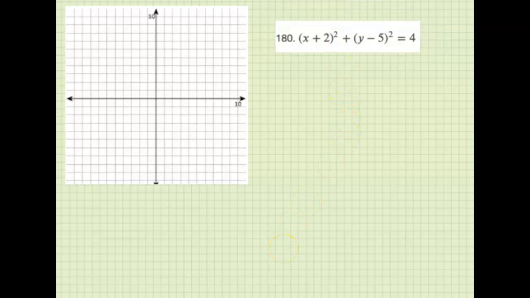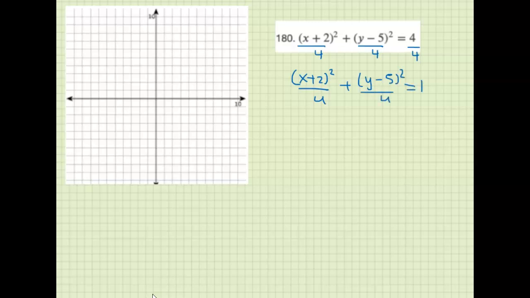All right, so 180. This is a circle. We have x squared, y squared. I typically graph this as an ellipse. I think it just makes more sense to me. So I'm going to divide everything by 4 to make that equal to 1. (x + 2)^2 over 4 plus (y - 5)^2 over 4 equals 1.